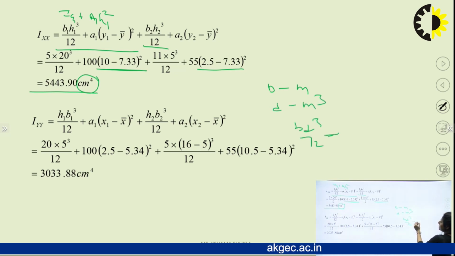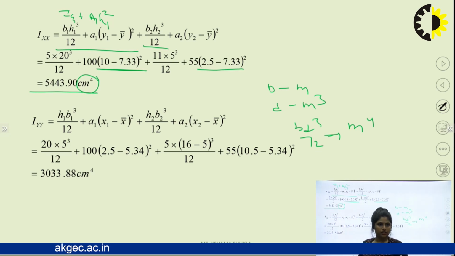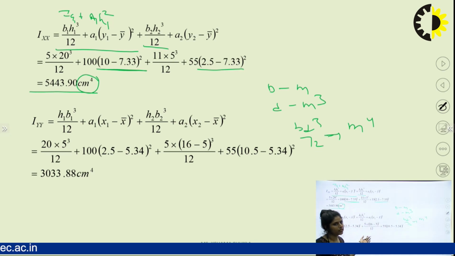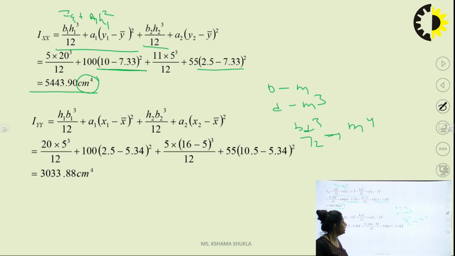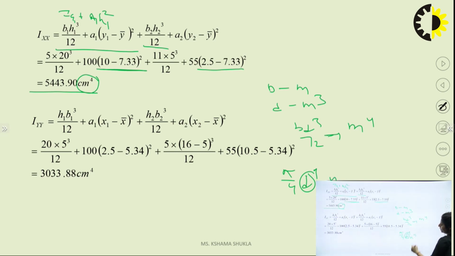So it is meter to the power 4, or centimeter to the power 4, or inches to the power 4, whatever distance the question is given in. Same for a circle, pi by 4 d to the power 4, so in all questions the unit is length to the power 4. Here the question is in centimeter, so the unit is centimeter to the power 4.